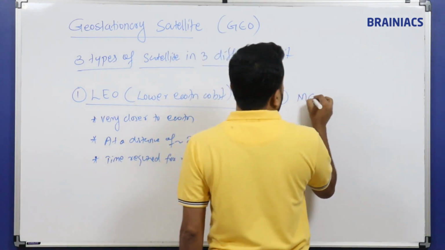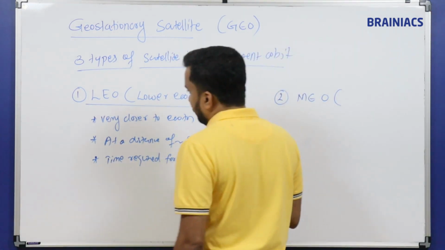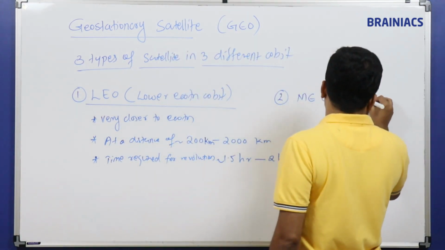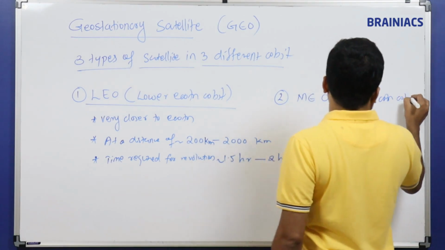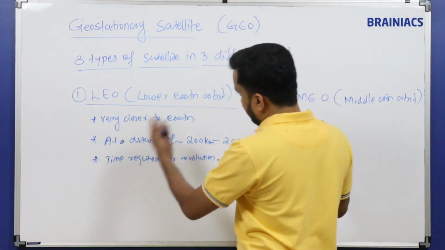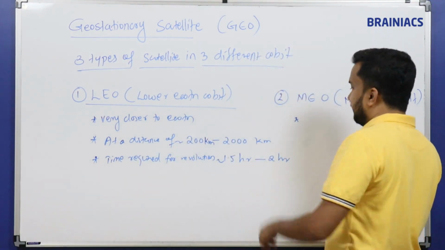Next one is called MEO, middle Earth orbit. This is not very close but in a medium range.